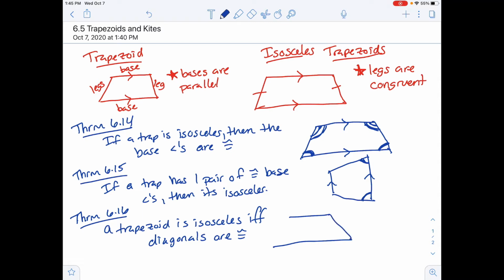So again, if we have that trapezoid, here are my bases, which are parallel. If we draw in those diagonals, the diagonals will be congruent, which means AD is congruent to CB. Okay, so let's practice a little bit.